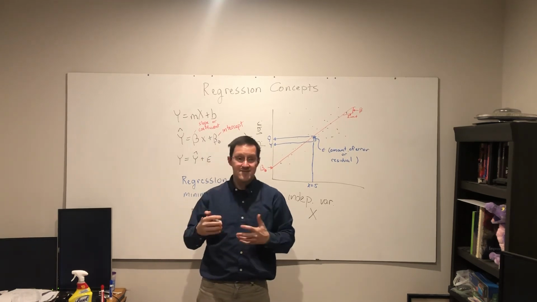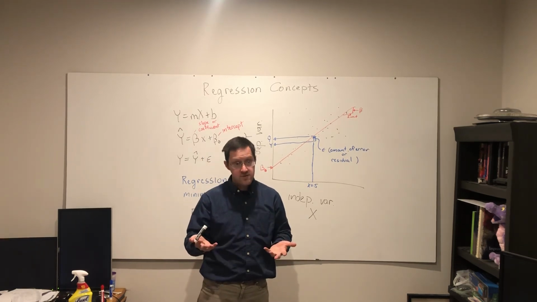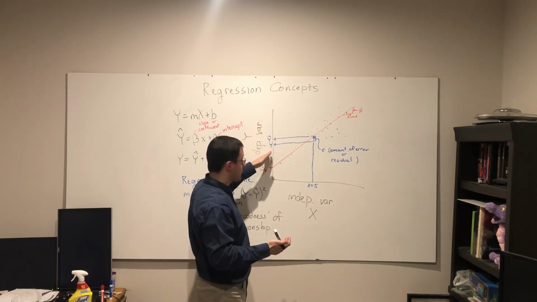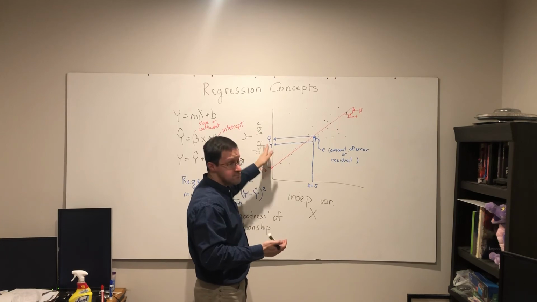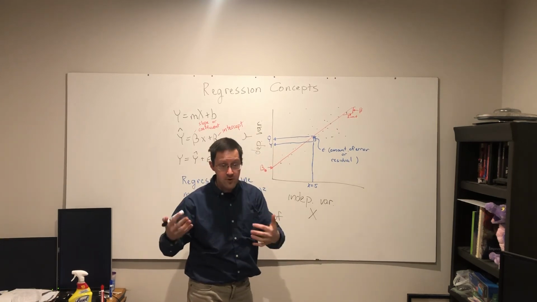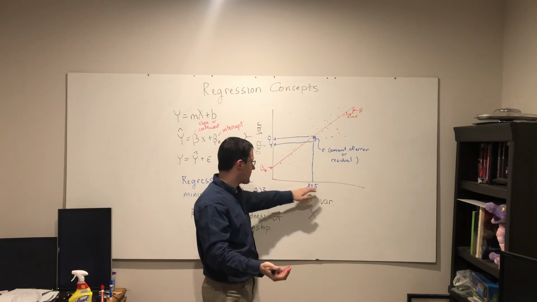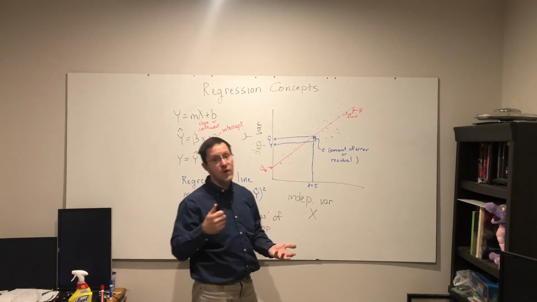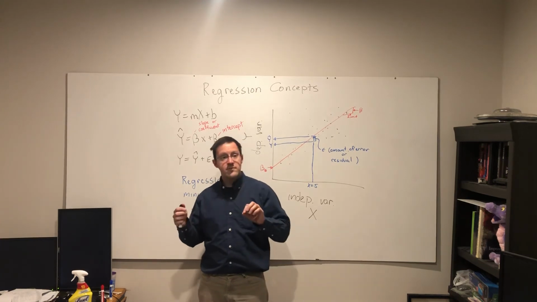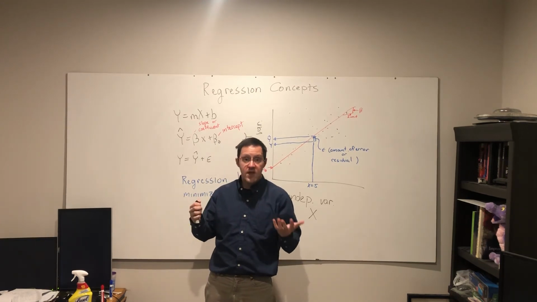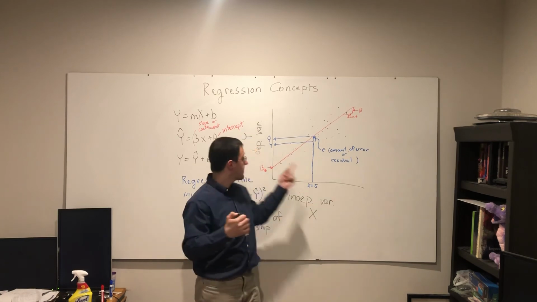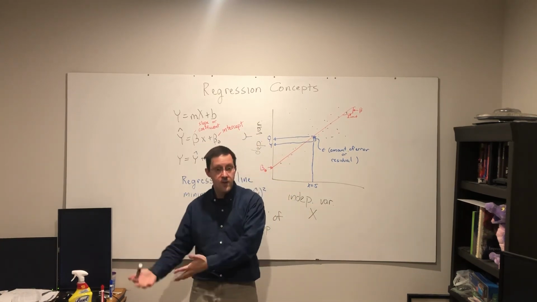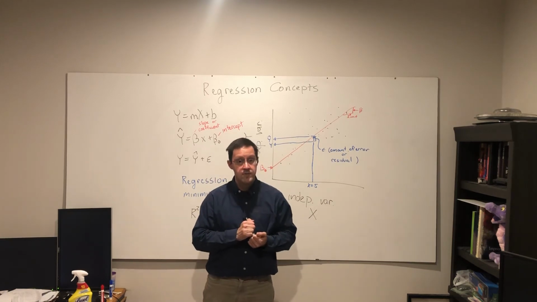We might say an R squared of 0.5. That means half of the variation in our dependent variable, 50%, can be explained by changes in the independent variable, and the other half is explained by something else that's not part of our study.